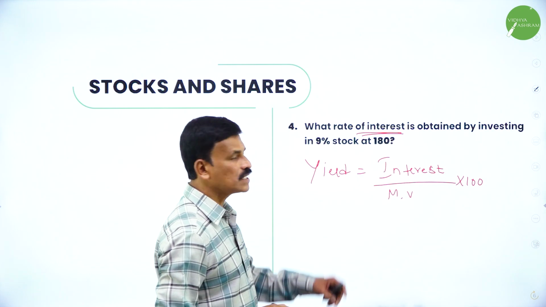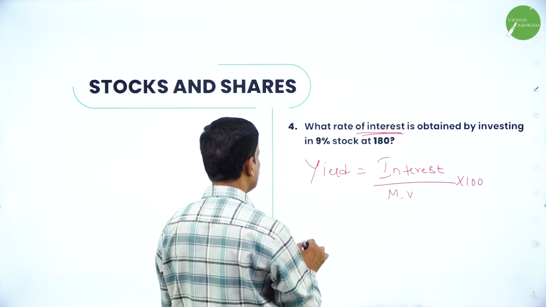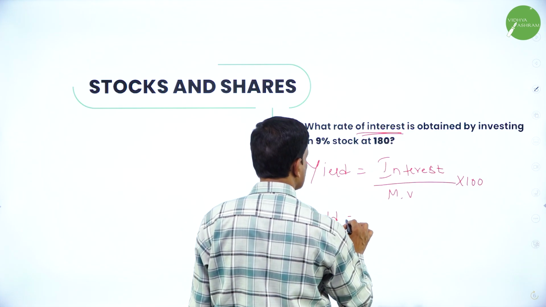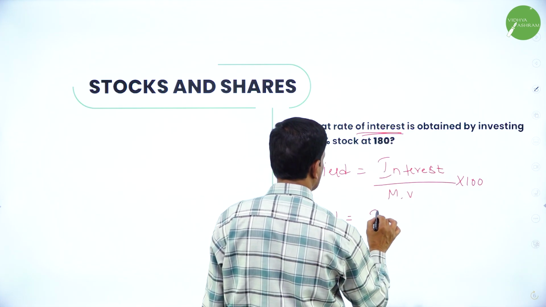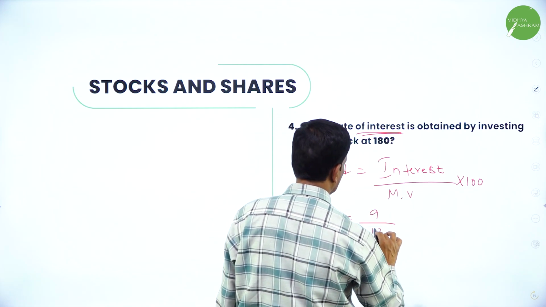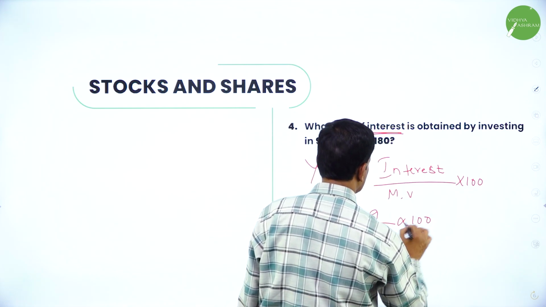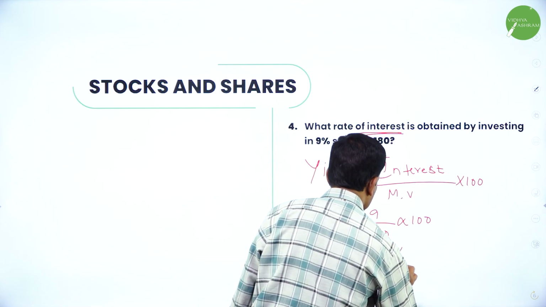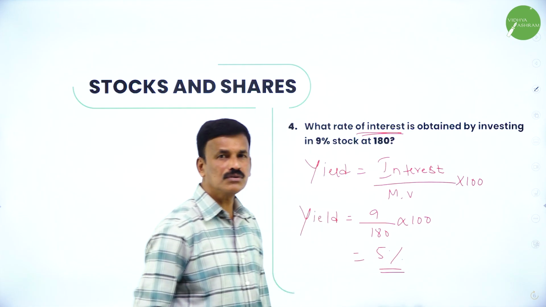What is the formula? Yield is equal to interest divided by market value into 100. So yield is equal to the interest, 9%, divided by the market value, 180, into 100. Simplify this. That's it. So this is equal to 5%. The yield is equal to 5%.